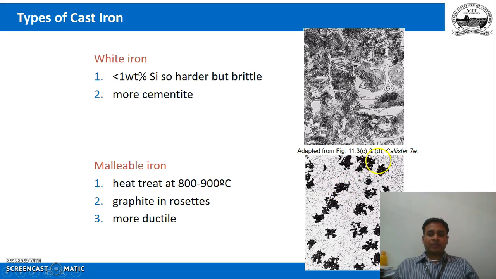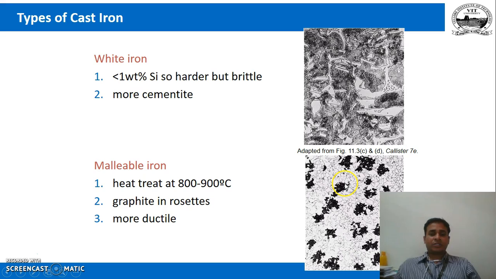You see these dark rosettes, or clusters of graphite, form, and this becomes malleable or ductile in nature, because it is no more a hard brittle cementite or carbide phase, it is now in fact ferrite and graphite.